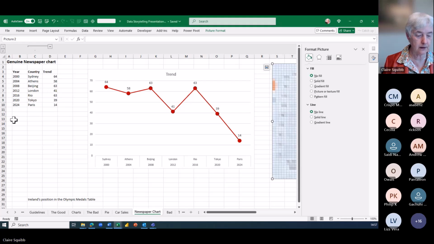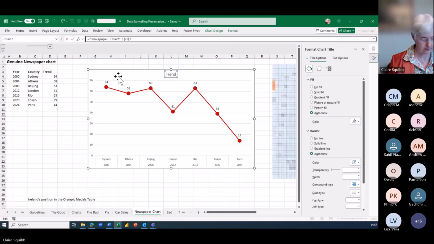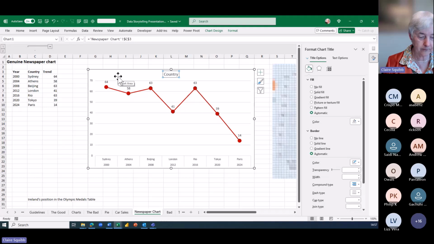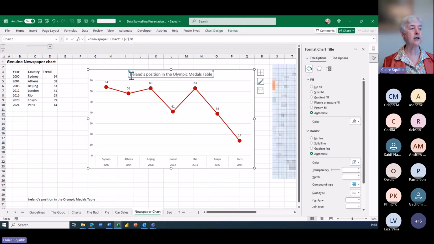I'm just going to change the column title. Okay, so this is actually showing you the information. And is that right? Yep, this is actually Ireland's position in the Olympic medals table.